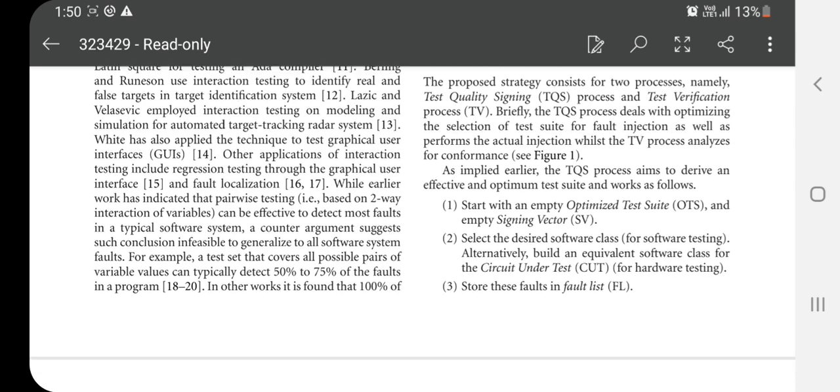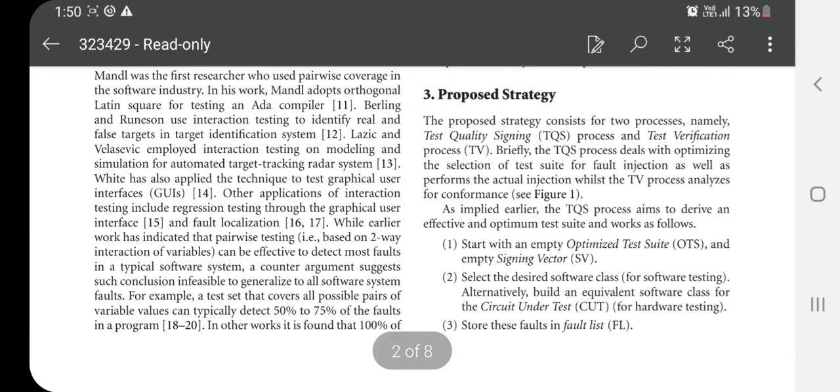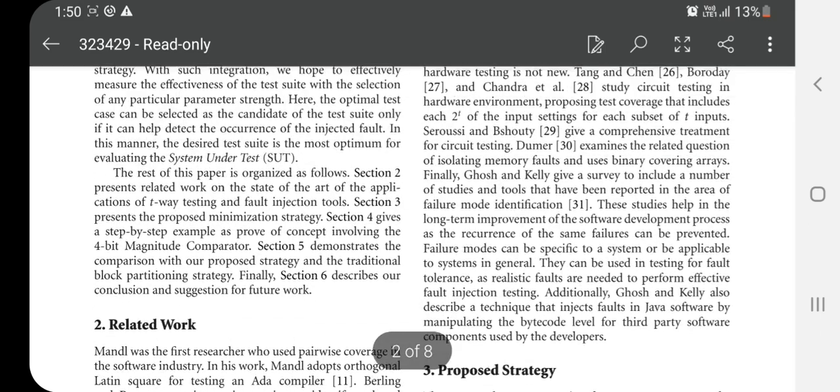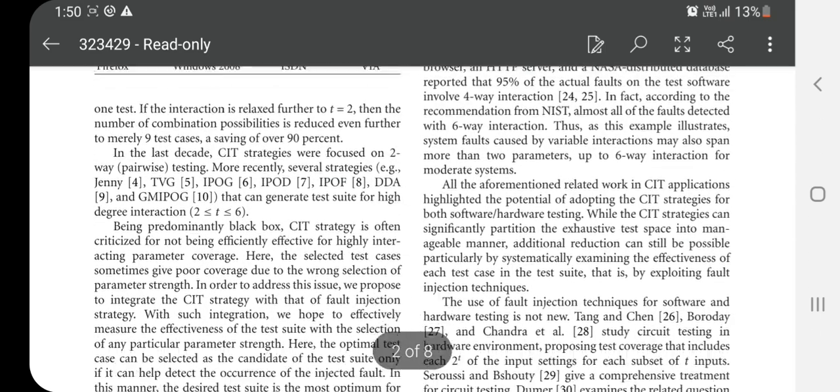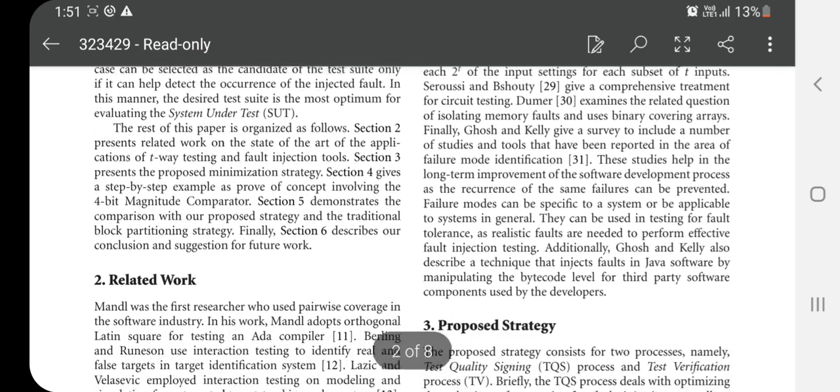A NASA database reported that 95% of actual faults in the tested software involved four-way interaction. In fact, according to the recommendations of NIST, almost all faults are detected within six-way interaction.